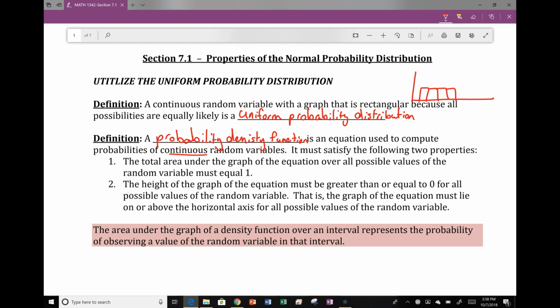The height of the graph of the equation must be greater than or equal to 0 for all possible values, meaning we can't have a negative value. What we're looking at is similar to those normal curves that we've looked at, the ones that are symmetric on both sides.